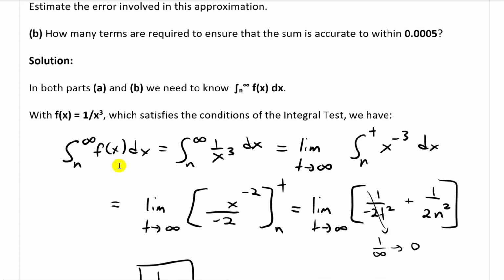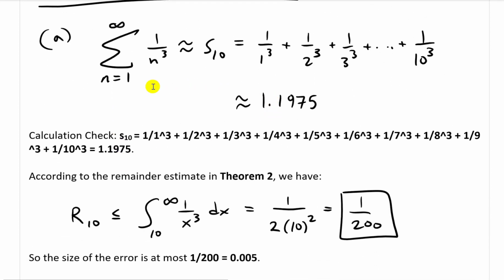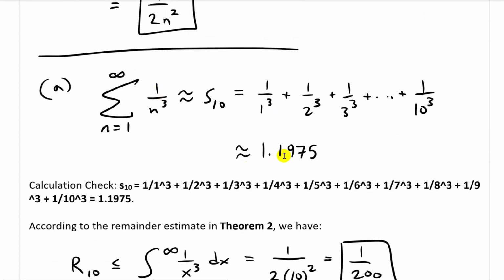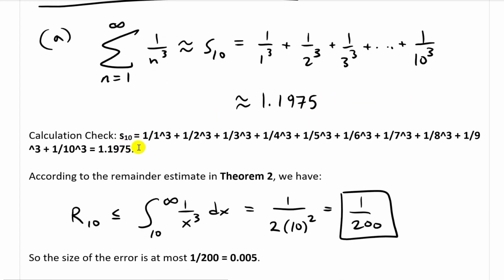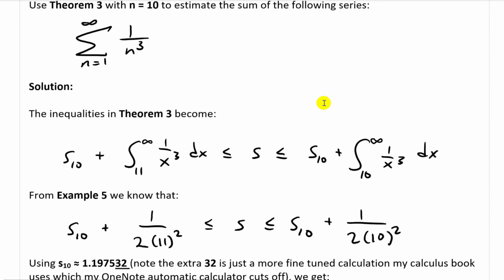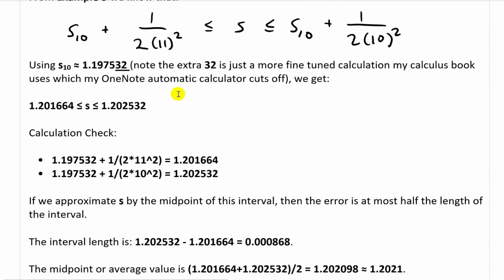This is example 5, part A, 1.1975, which is the 10th partial sum. This is an approximation, just a sum of all these terms, and this is S10 right here. My calculations cut off here, but the calculus book doesn't add the 32 there. But anyway, they added it for example 6.